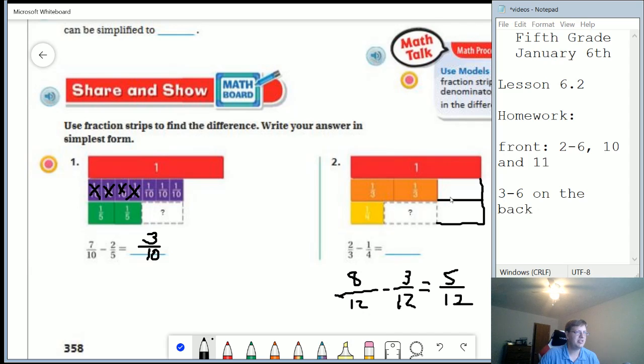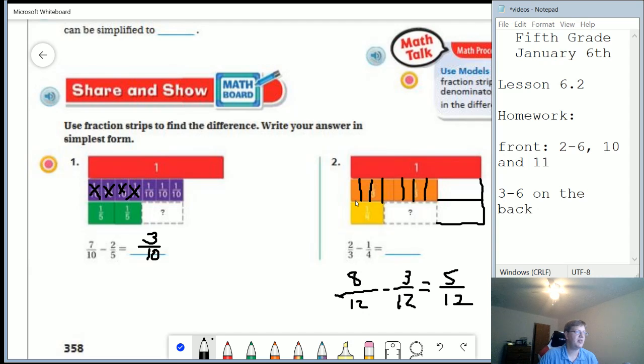We are going to need to change this into parts over 12. So to do that, I need to break up all of these into 4 equal parts. And then we could say that we were doing that.